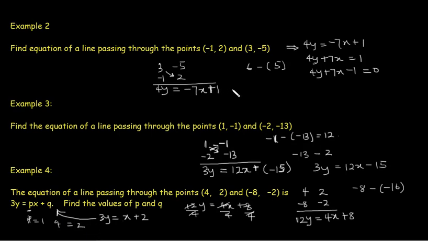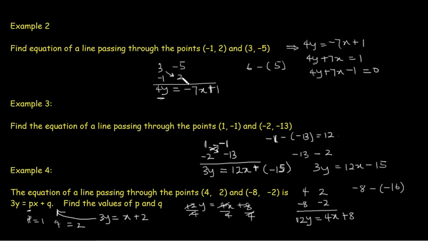Alright, so now if you have two coordinates and you're being asked to find the equation of a line, what you have to do is align the coordinates. In either way, we could have used -1 on top, it depends on how you want to subtract. So you subtract the x coordinates, and that will be the coefficient of y.